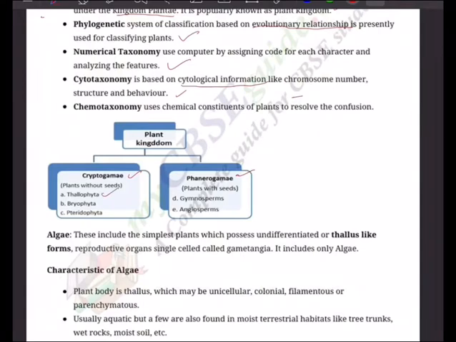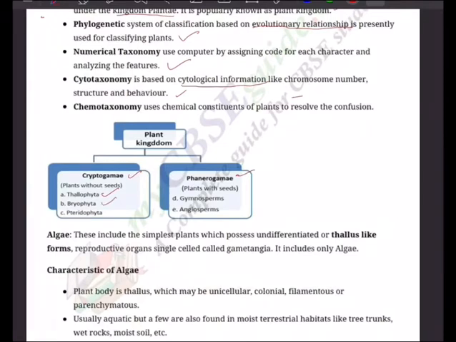Thallophyta. Thallo means thallus. Undivided mass plant body is called thallus. You cannot say which is root, which is stem, which is leaf, etc. Everything is in the form of one heavy mass, thallus. Phyton, Latin word, plant. So Thallophyta.